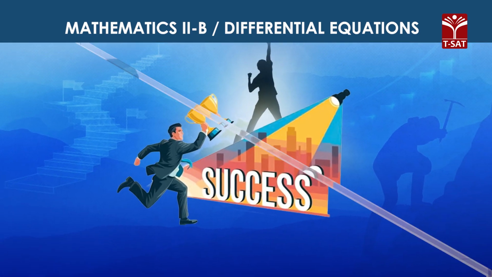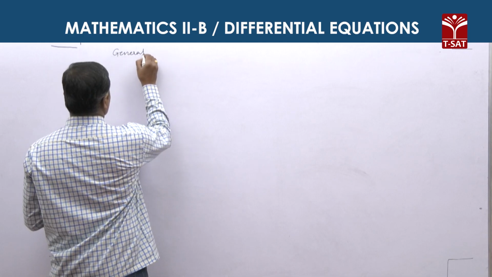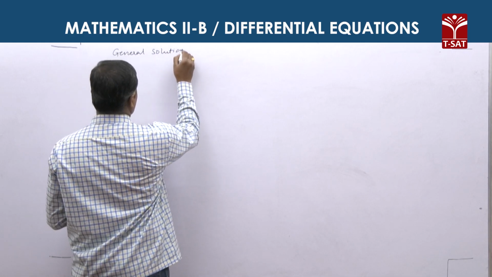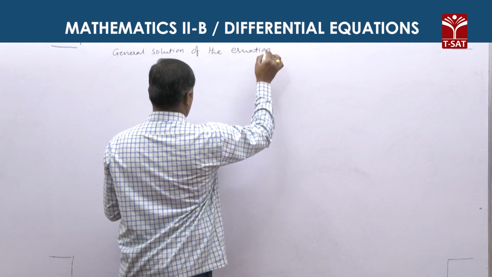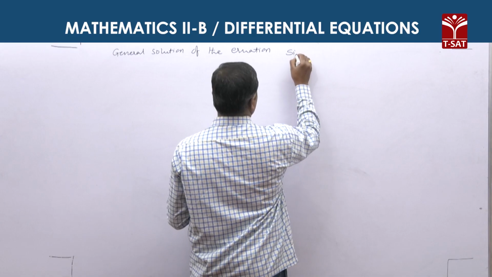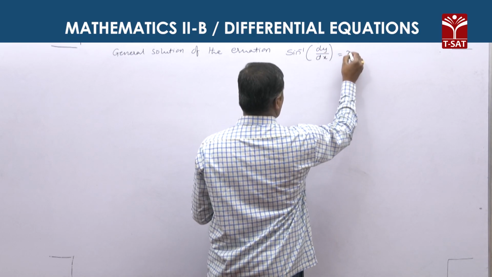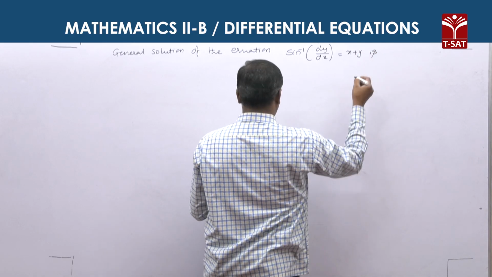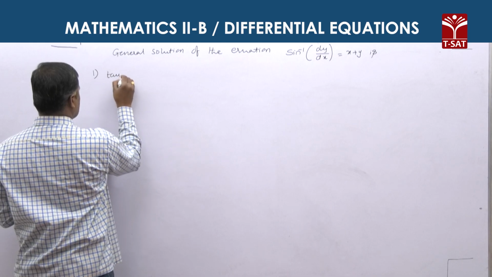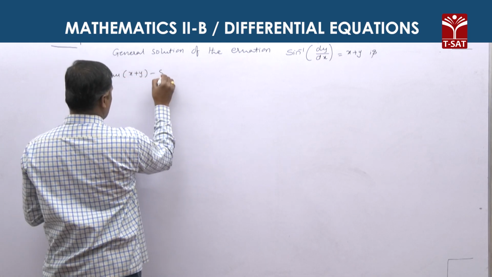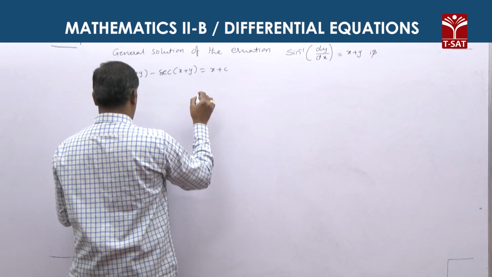Next problem, general solution of the equation sin inverse dy by dx is equal to x plus y is: first option, tan of x plus y minus secant of x plus y is equal to x plus c.